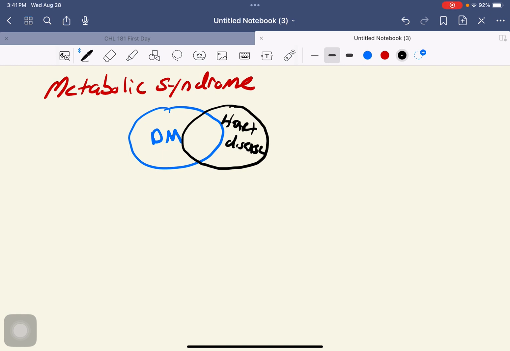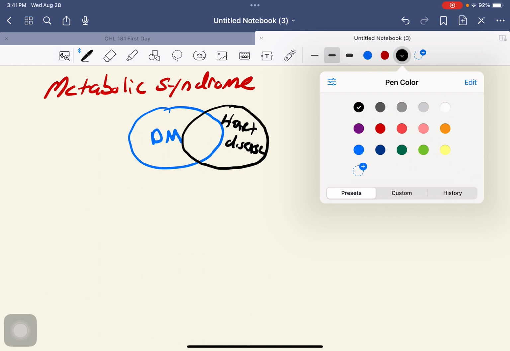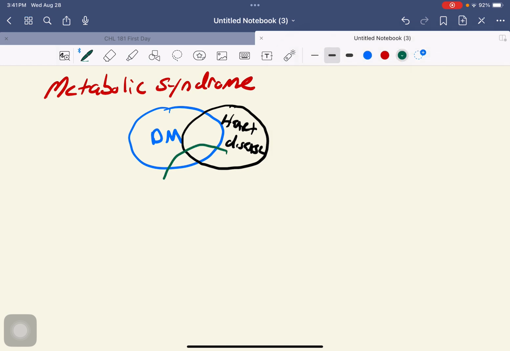And let me change my colors again. A little green, I like green. And this idea of stroke.